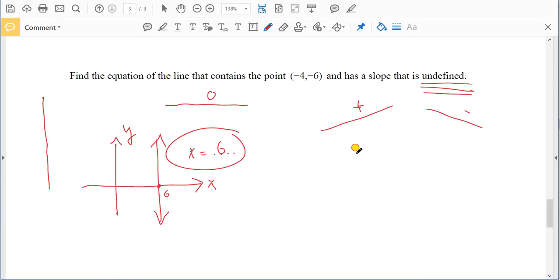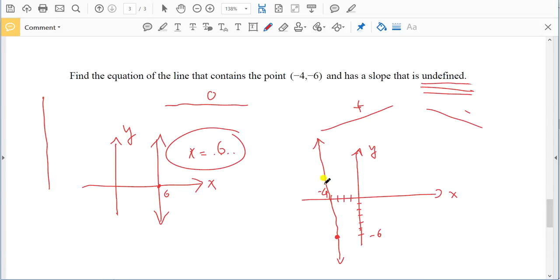Now we are given the information that the line is passing through the point minus 4 and minus 6. So minus 4 is here. 1, 2, 3, 4. This is minus 4. And minus 6. 1, 2, 3, 4, 5, 6. Okay, minus 4 and minus 6 is here. The line is passing through this point. And it's vertical. That means it must go something like that, right?